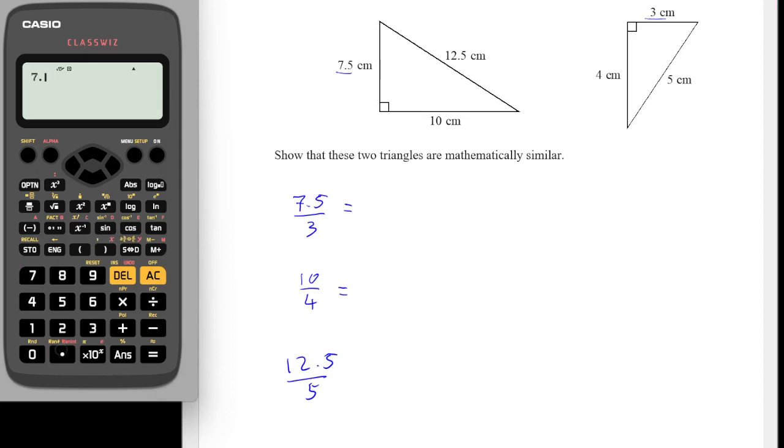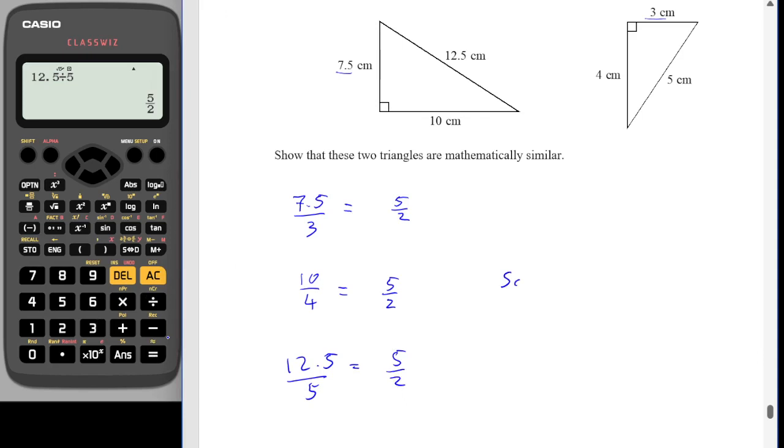So 7.5 divided by 3 gives us, and I've typed that in wrong, so 5 over 2. 10 divided by 4 also gives us 5 over 2. 12.5 divided by 5 also gives us 5 over 2.